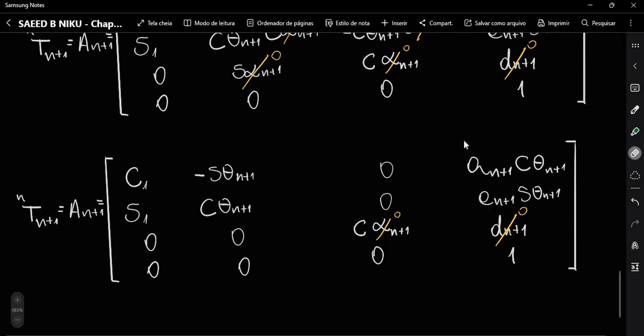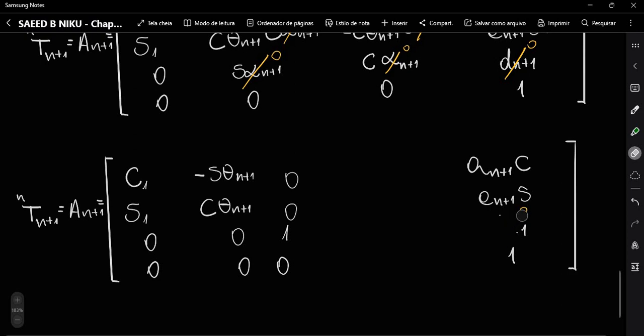And cosine of 0 is equal to 1. And D is also 0.